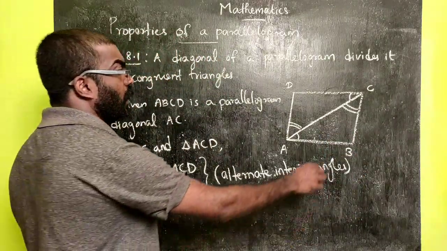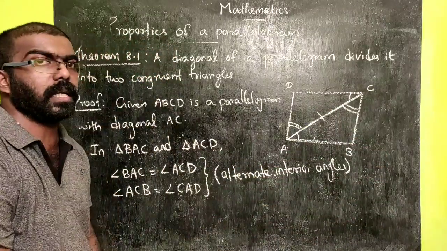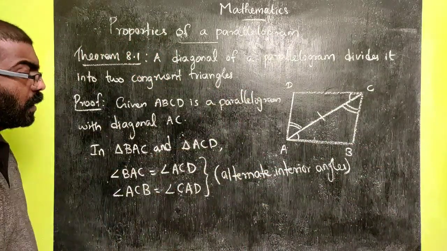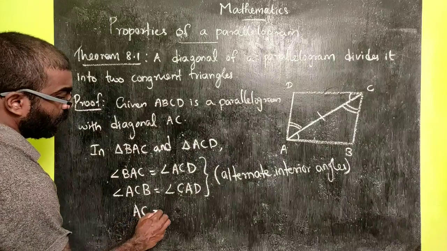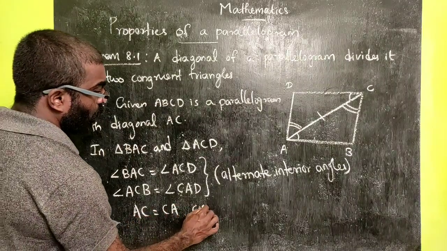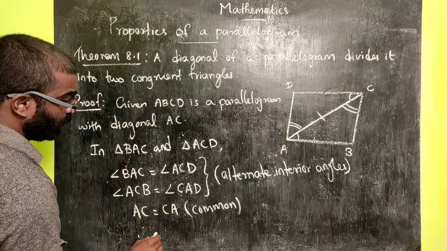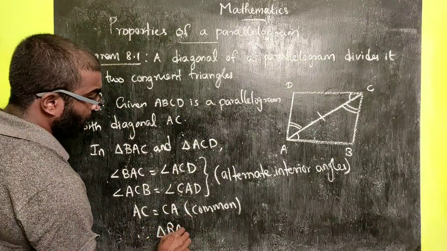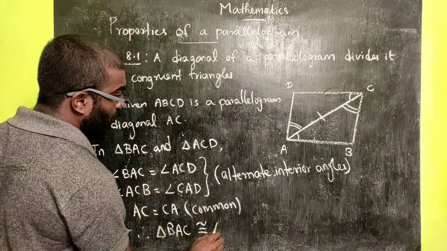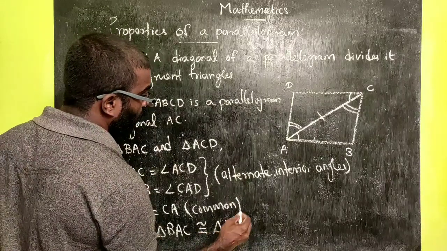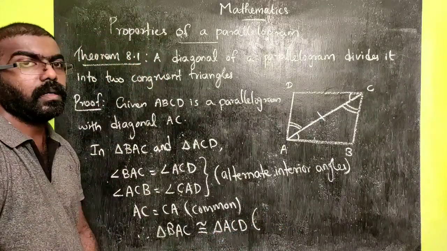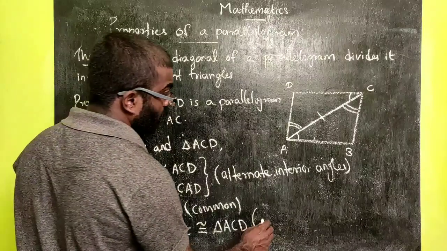Now we can write AC is the common side for both the triangles. So here we can write AC equal to CA, common. Therefore, triangle BAC is congruent to triangle ACD by which rule? ASA congruence rule.